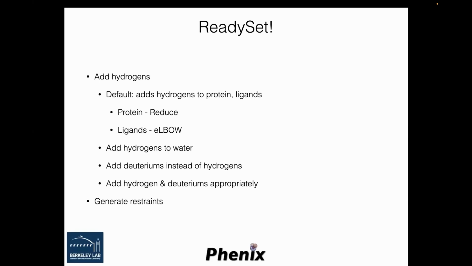People argue about the value, but anything better than 3.5 angstrom is a good time to have hydrogens. It optionally adds waters, it optionally protonates water, and it also, for neutron refinement, takes care of adding deuteriums in different forms.